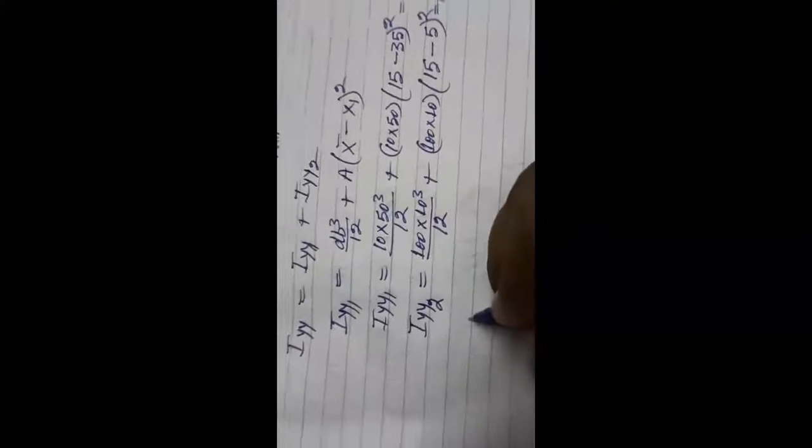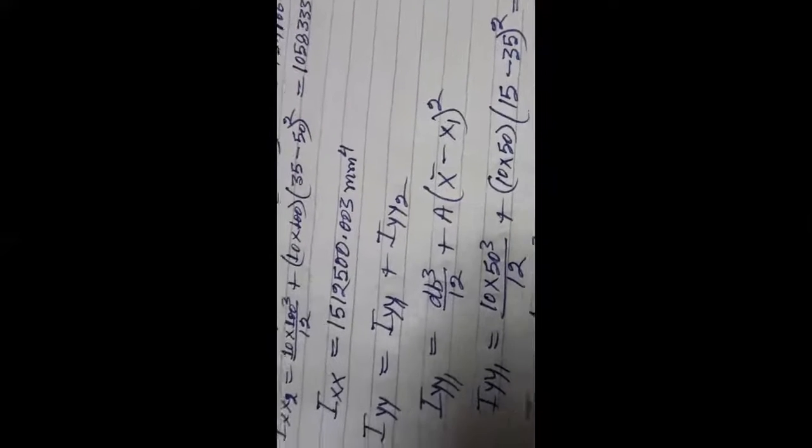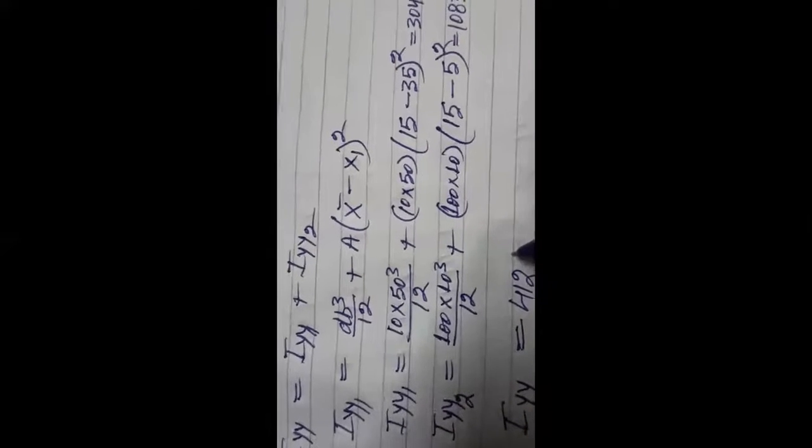So on adding, Iyy is equal to 108,333.33 plus 304,166.67. So this will be equal to 412,500.003.